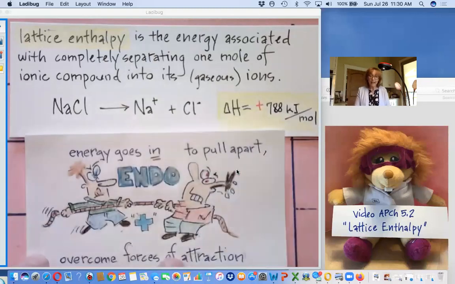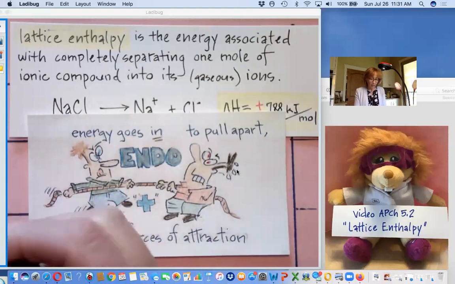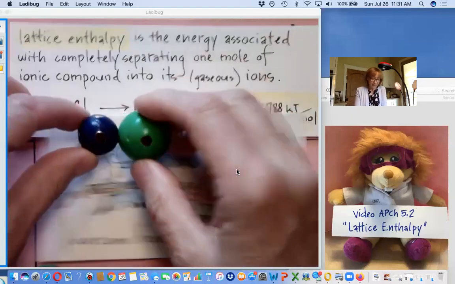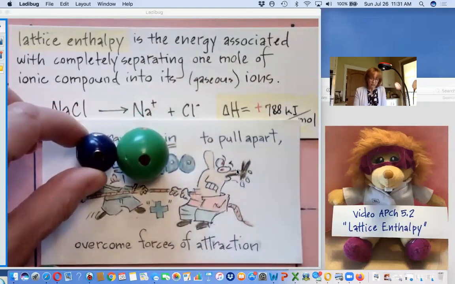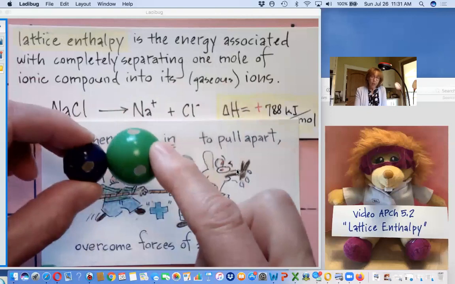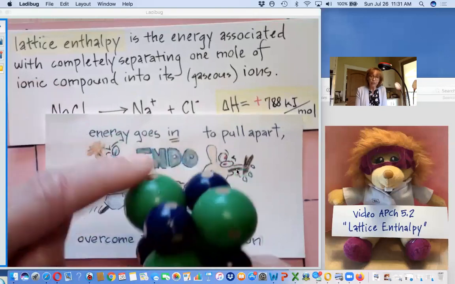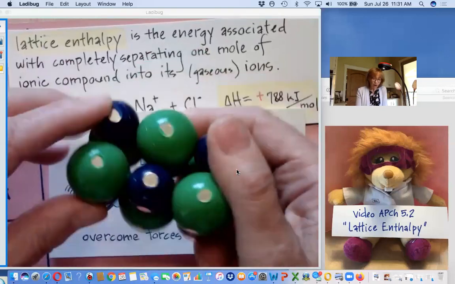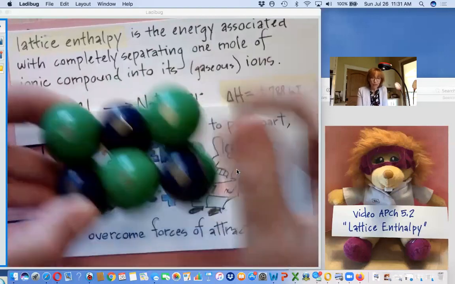Remember, energy always has to go in when we are pulling apart or overcoming forces of attraction. Now remember that sodium chloride as an ionic compound does not exist as individual sodium chloride molecules. Ionic compounds don't do that. Instead, this sodium cation is attracted to a chloride anion, but that chloride anion is then attracted to another sodium, which is attracted to another chloride, and on and on and on until all the available sodiums and chlorides have been gathered up into this crystal.